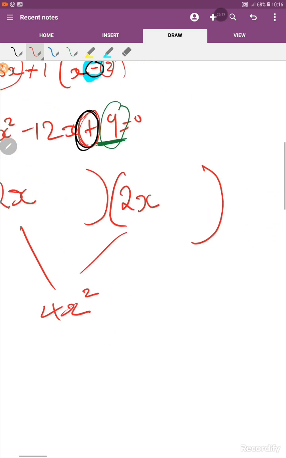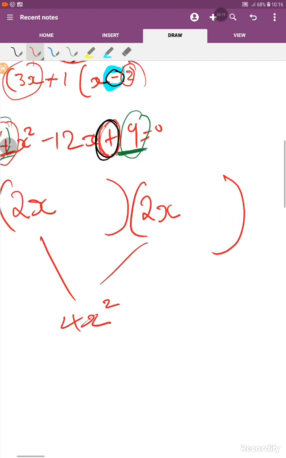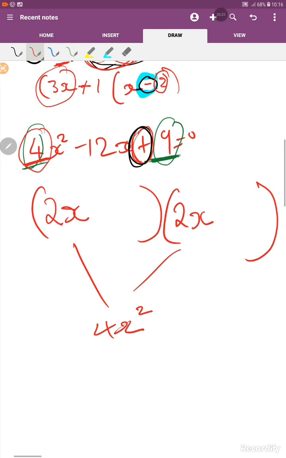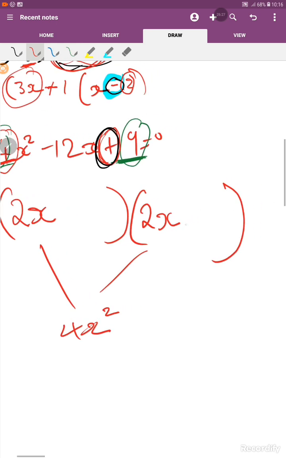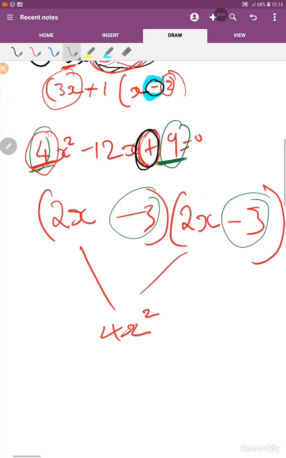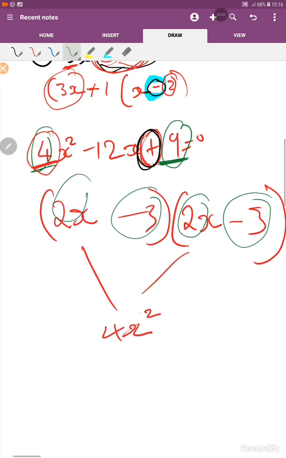So, alright. Since the number that we multiply has to give us 9, that is 3, therefore we're going to say 3. So we have negative here, then we have 3 here. This number, when you multiply by that, is going to give you positive 9, and the other two are going to give you positive 4x squared.